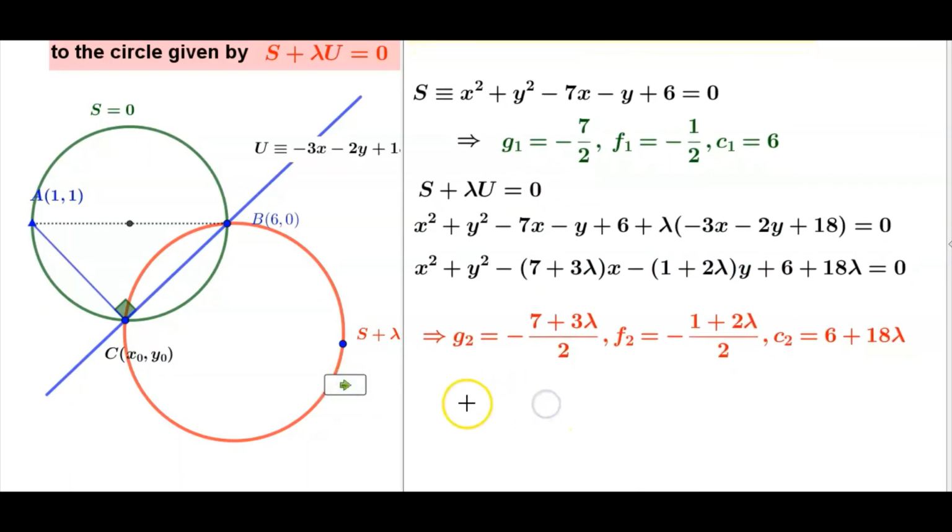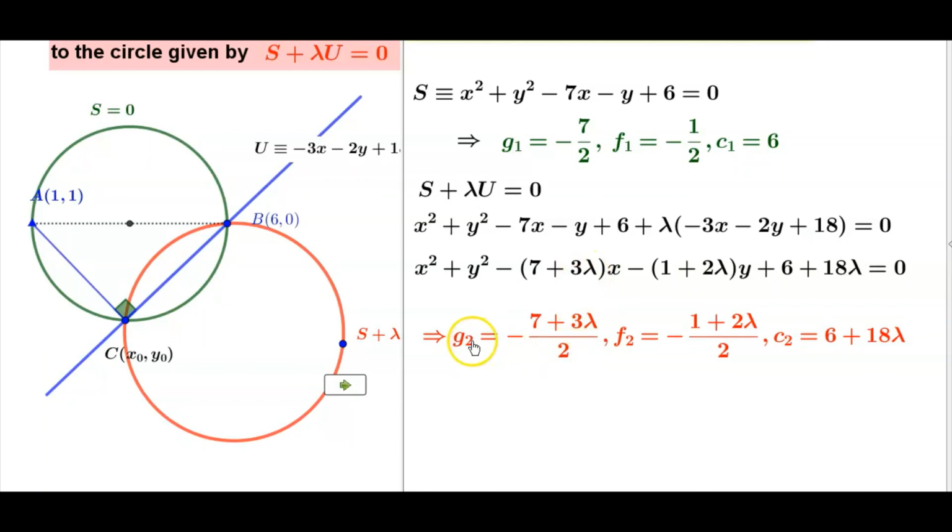So here g2 is the minus of the coefficient of x, minus (7 plus 3 lambda), when divided by 2.